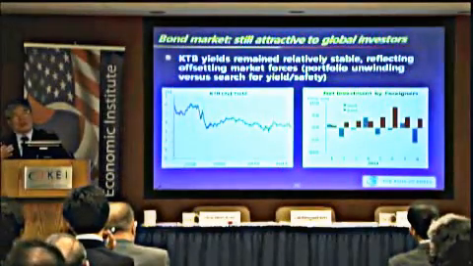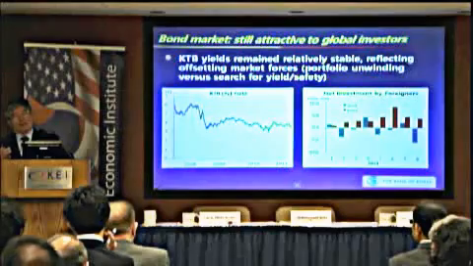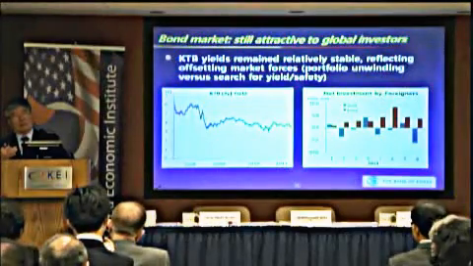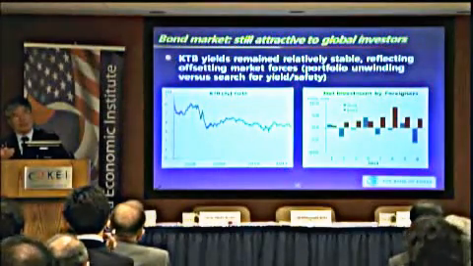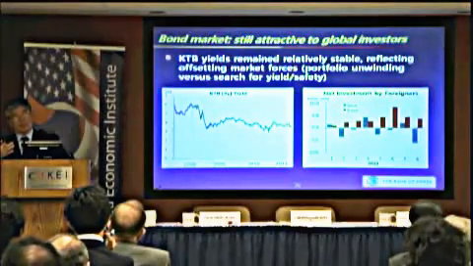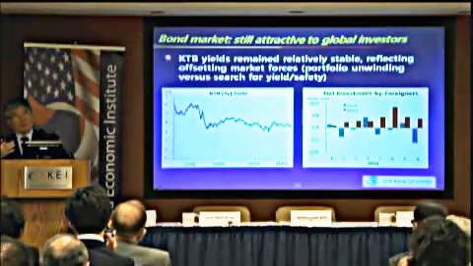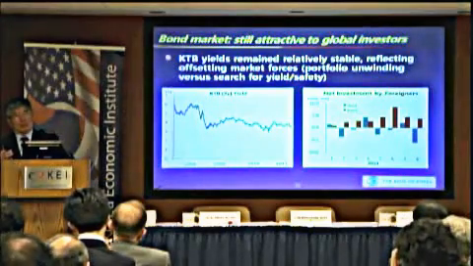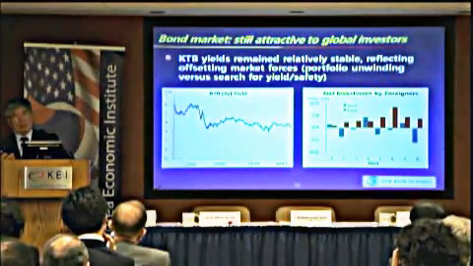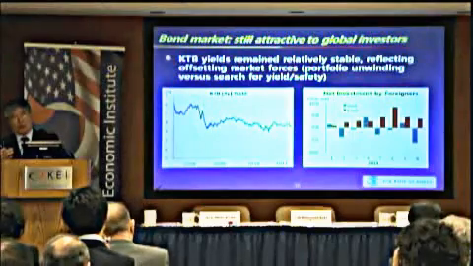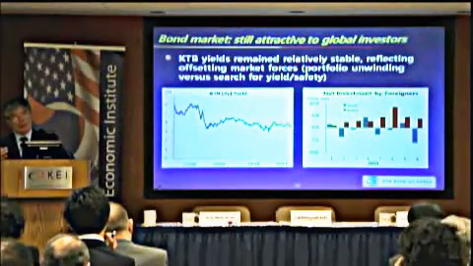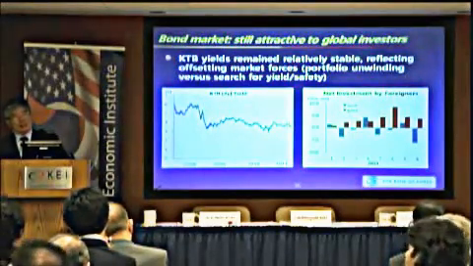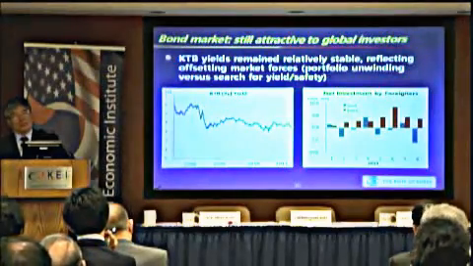The reason I'm saying this is because, unlike in 2008, right after the Lehman collapse, when capital flew out from both the stock market and the bond market, this time capital is currently flowing into the Korean bond market. Of course, Europeans withdrew their capital from the Korean bond market, but only slightly, not substantially.